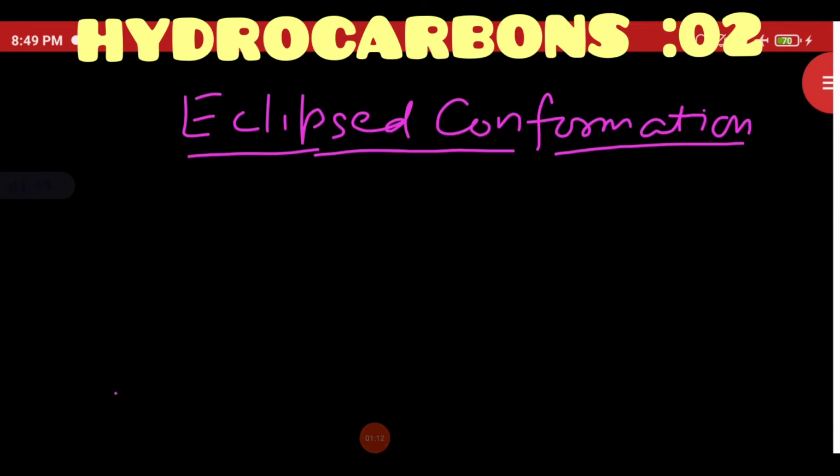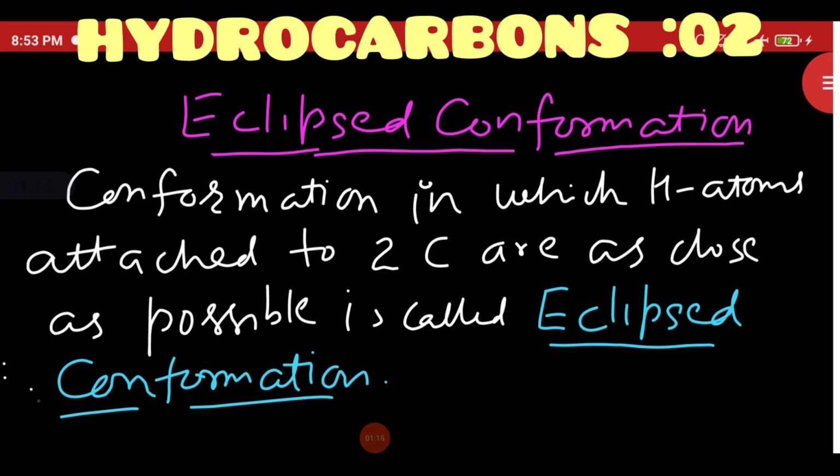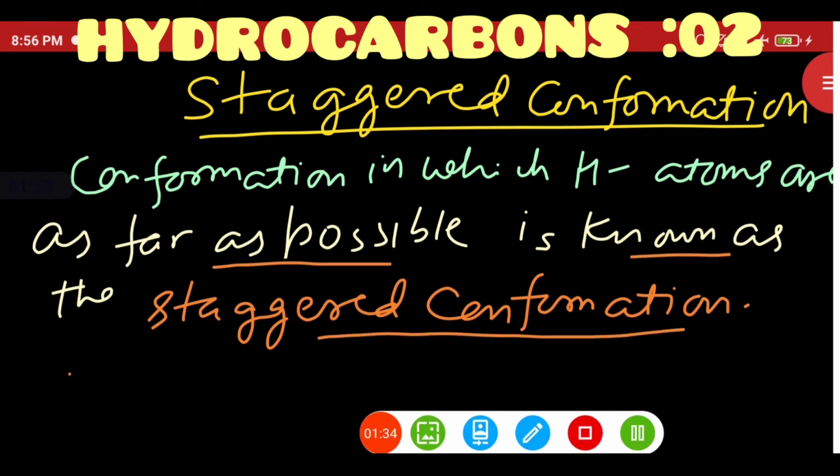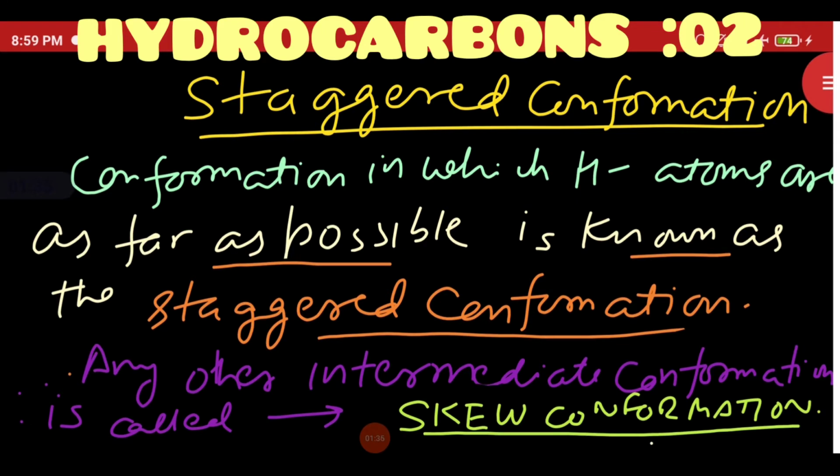Eclipsed conformation: the conformation in which hydrogen atoms attached to the two carbons are as close as possible is called eclipsed conformation. And the conformation in which hydrogen atoms are as far as possible is known as staggered conformation. Any other intermediate conformation is called skew conformation.